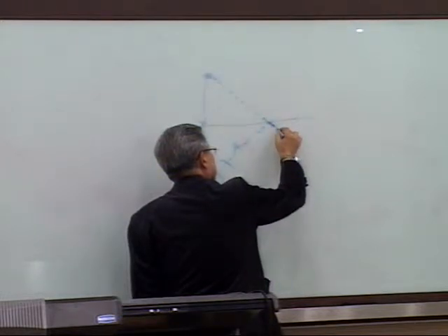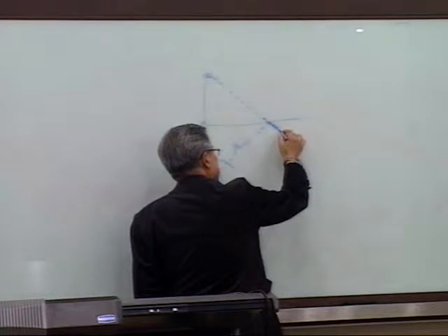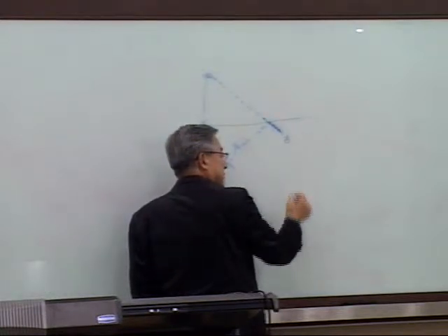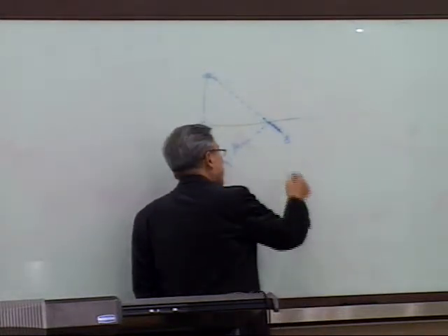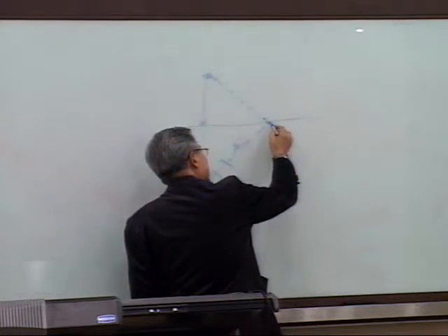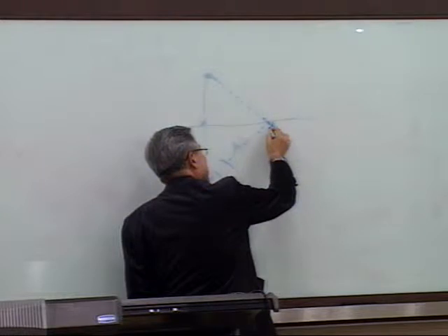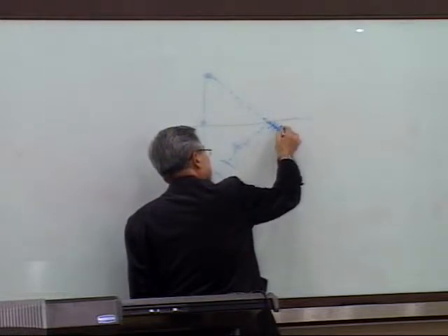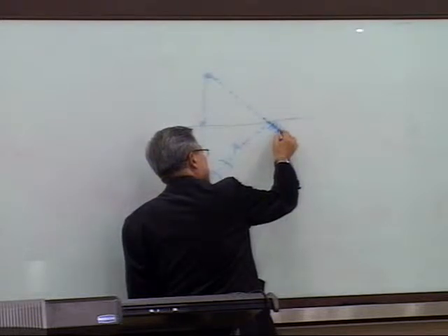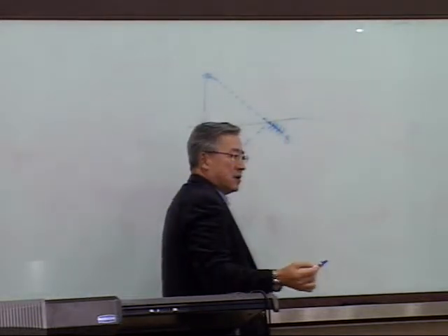Toward the image charge, right? So it's all going up there. As the fluid particle along this line is going up there, the wave front is coming toward the target, right?